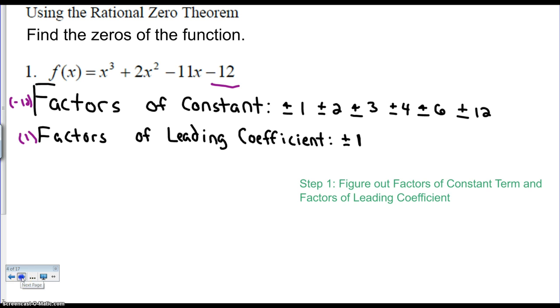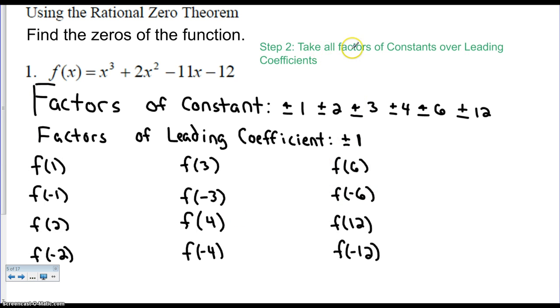The second thing I do is take all the factors of the constant term over the factors of the leading coefficient. If it's a zero, it's going to be something I can plug into this equation, and based off the factor theorem, it's supposed to equal 0. So I take 1 over 1.